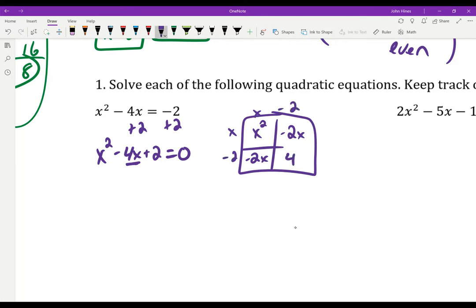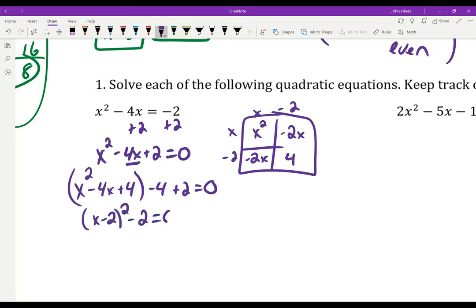Look, I physically made a square there. I made a square by adding in the magic number of 4. But I can't just add in 4, so I'm going to subtract 4. Now we factor: x minus 2 squared minus 2 equals 0.